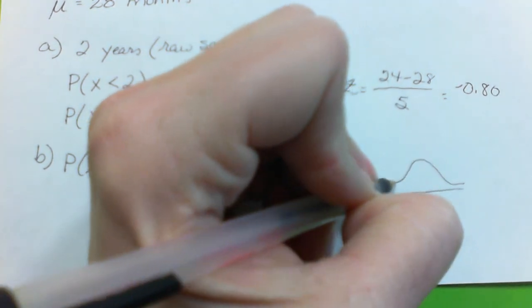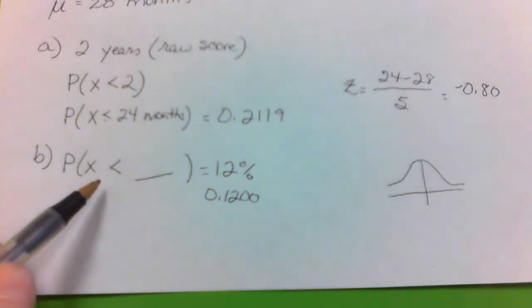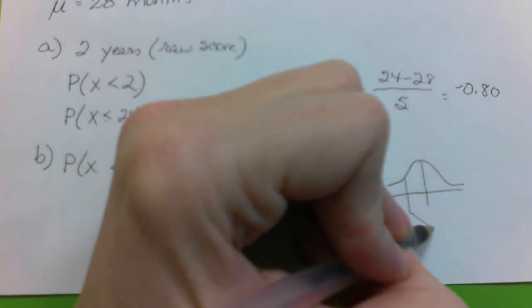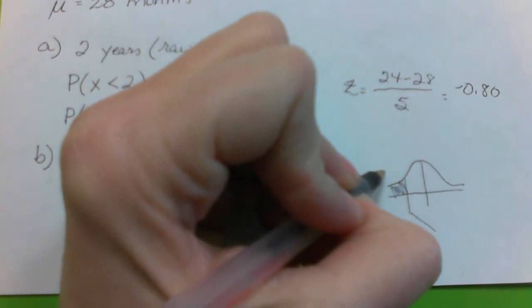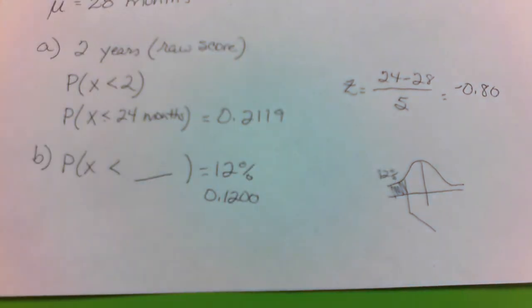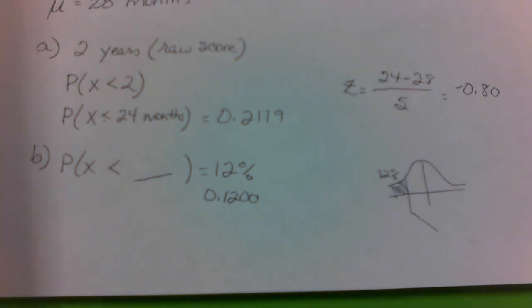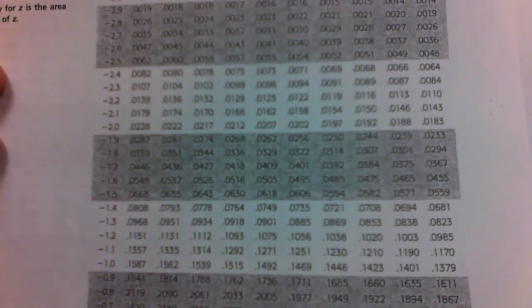You don't have to draw the picture, but if I'm shading to the left and I'm shading 12%, what that tells me is that I'm looking for the z on the negative z table. So I know z will be negative. So I'm looking for 0.1200.